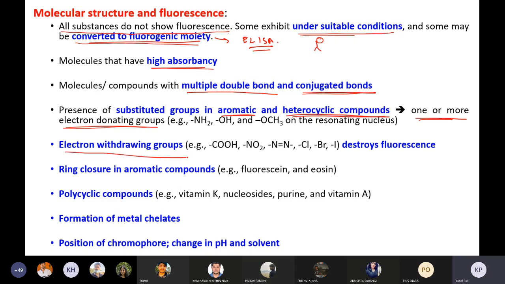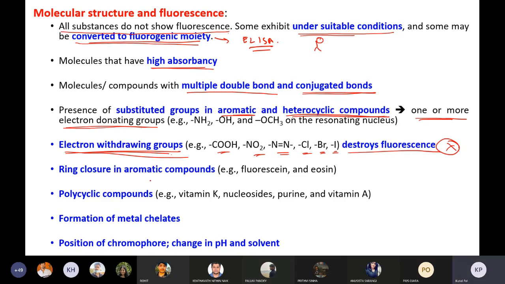If you have electron withdrawing groups within your compounds like COOH, NO2, N=N, Cl, Br, they will destroy the fluorescence. Okay. So if you find these groups in any aromatic or heterocyclic compounds, you can be pretty sure that it will not show fluorescence activity. Okay.